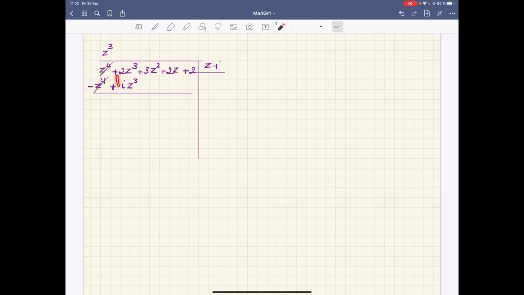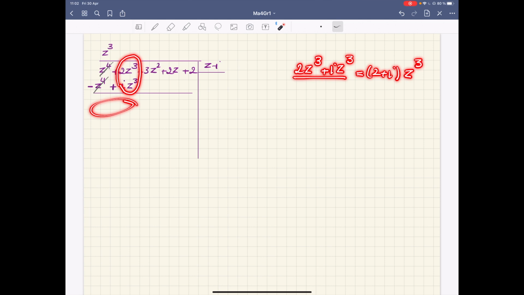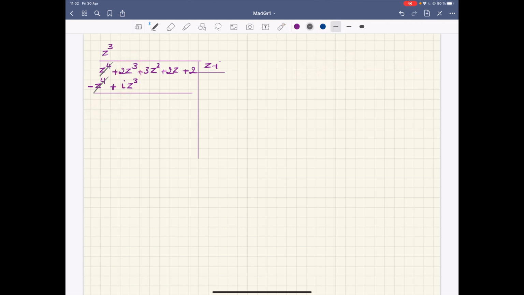But these two are similar because both are containing Z cubed. So 2Z cubed plus I Z cubed. I cannot have 2Z cubes when I bring things down. So it means that I have to factor Z cubed out. So then I would write 2 plus I, times Z cubed, and then I will have 3Z squared plus 2Z plus 2.